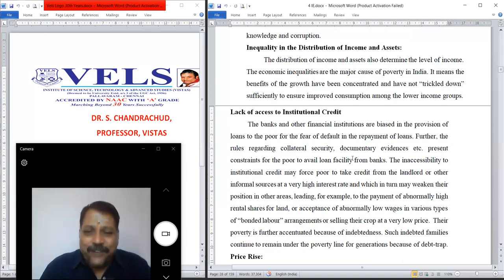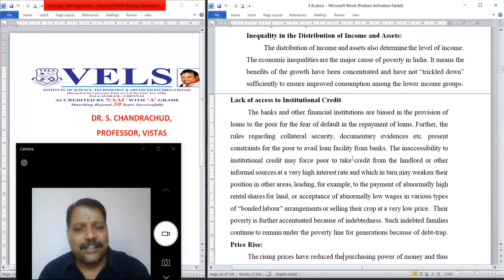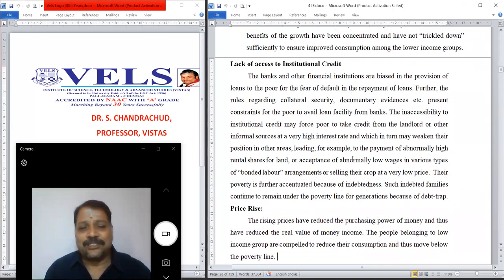Their poverty is further accentuated because of indebtedness. Such indebted families continue to remain under the poverty line for generations, because debt trap is the key word: the poverty line continues generation by generation.